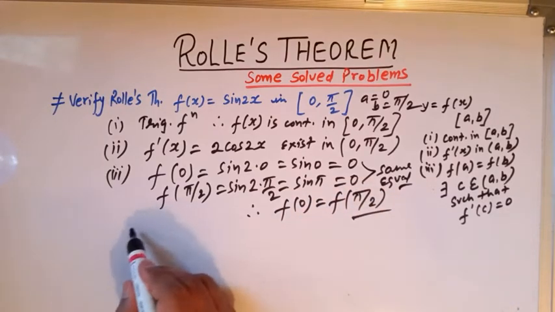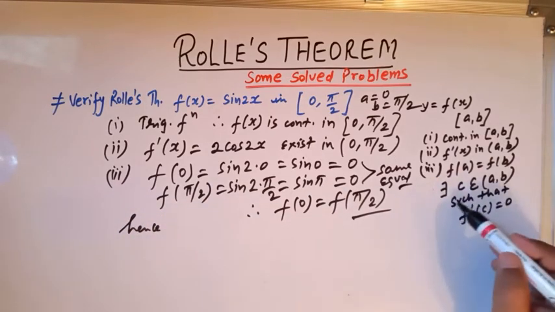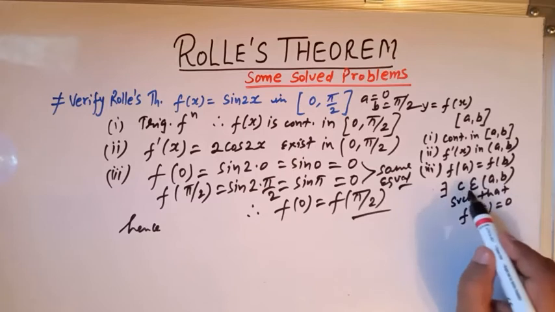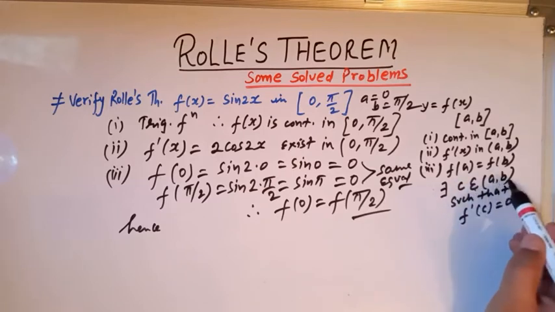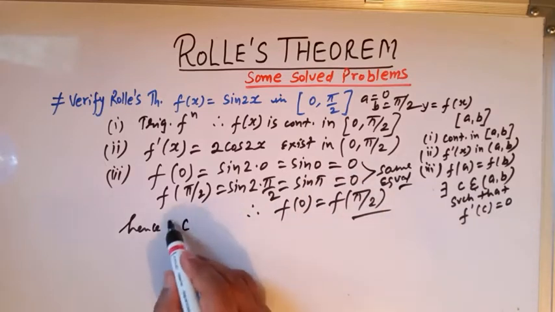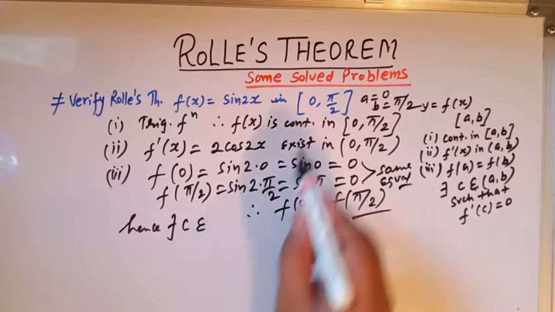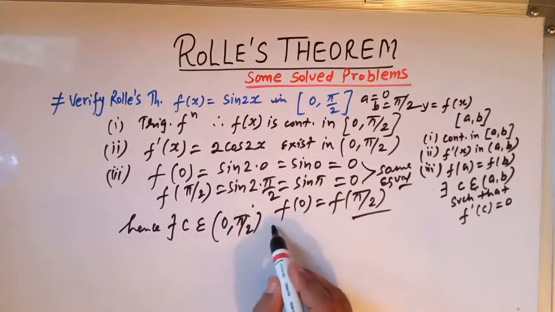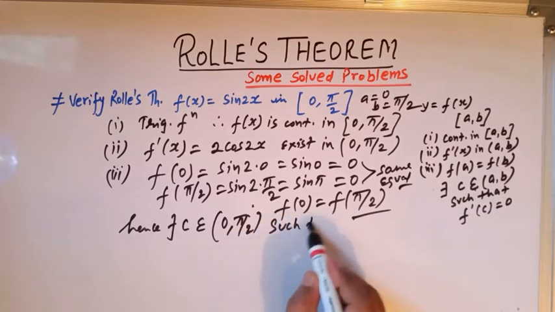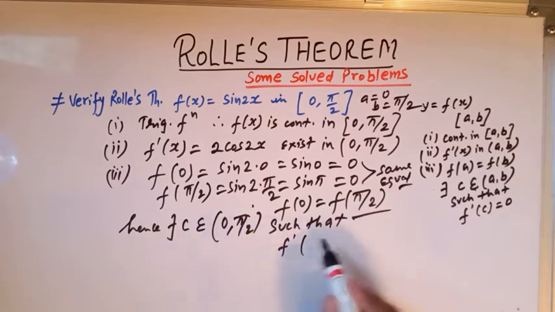Clear? Hence we claim that there exists a real number c which belongs to this open interval (a, b). Hence there must exist a c belonging to this (0, π/2) such that f'(c) is equal to 0.